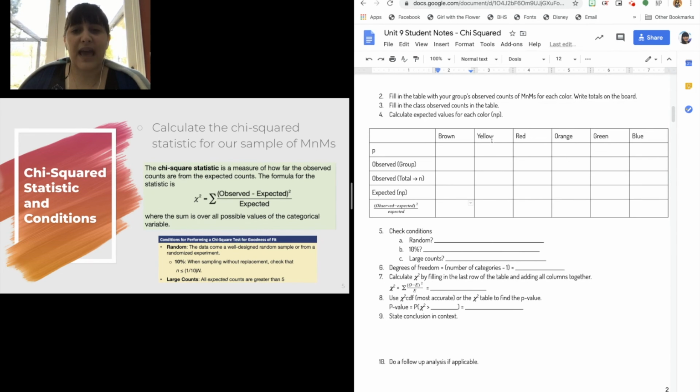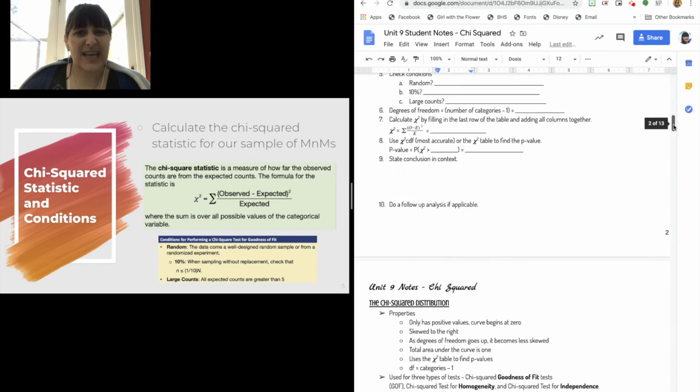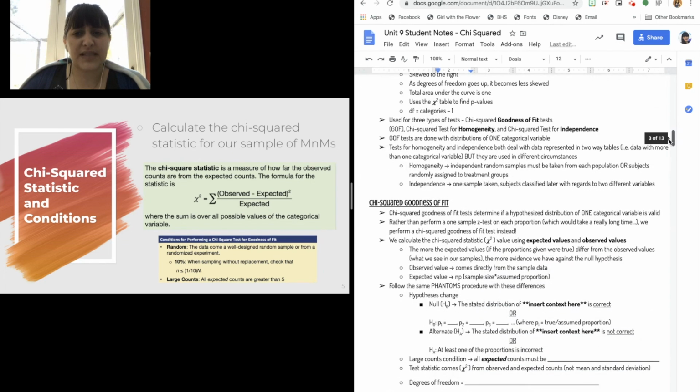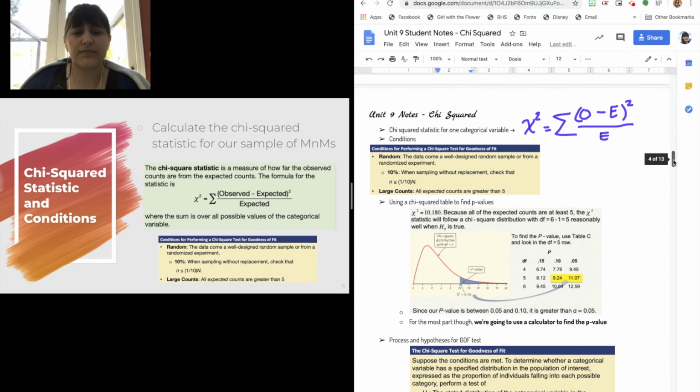You'd have to do it again for yellow, for red, for orange, for green, and for blue. And then at the end, you would add all of those up. That's the sum part, right? Add all of them up and you get the chi-squared statistic. So again, that's like your Z value or your T value. It's the test statistic part of the test, okay?